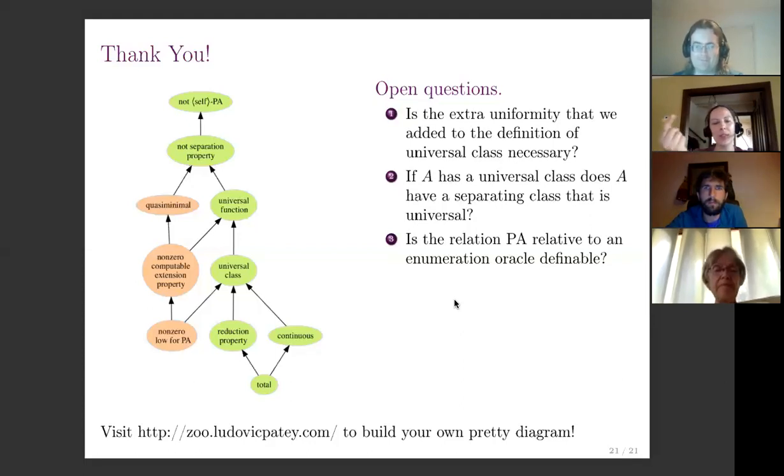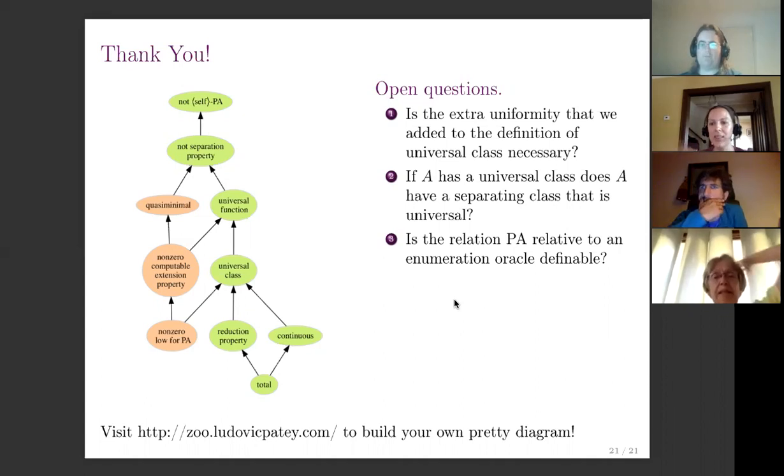For the reverse direction, Puzarenko and Kalimullin showed that the class of total degrees bounded by an oracle that has the reduction property has a stronger property than the continuous degrees. It's not closed under the relation PA, but it's closed under the jump. So it's a jump ideal. Thanks for that question. It allowed me to sneak in something I couldn't fit in the talk.